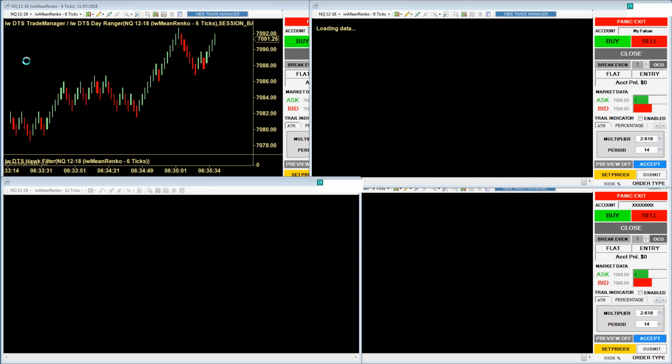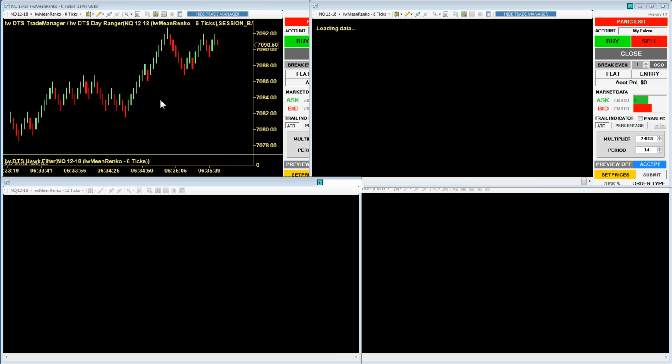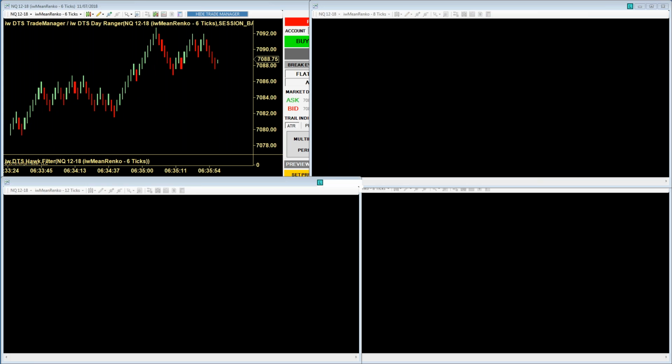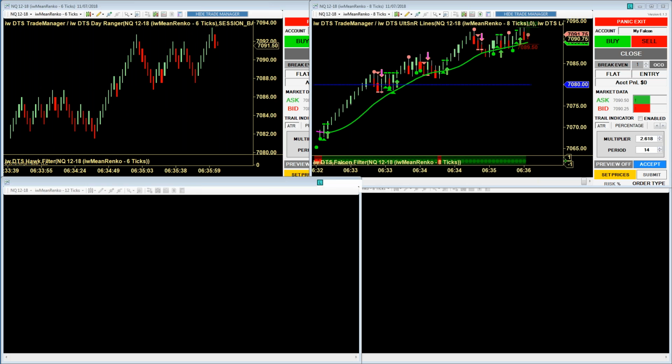Oh, look at that. It's not overlaying my Hawk template correctly. Poor computer. Wow.